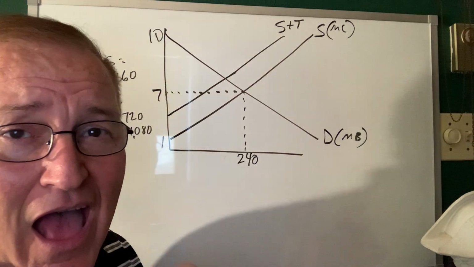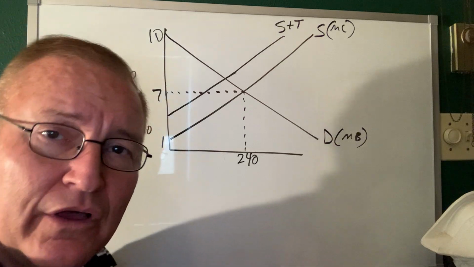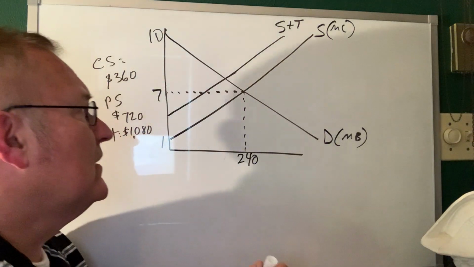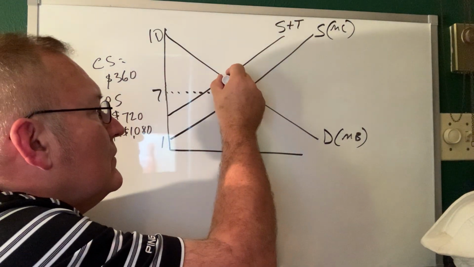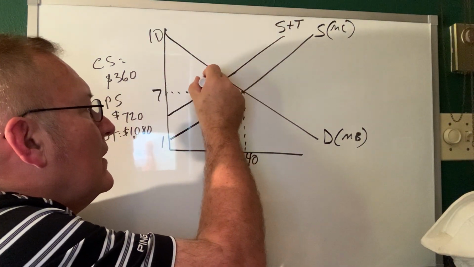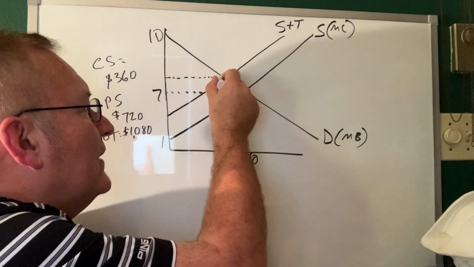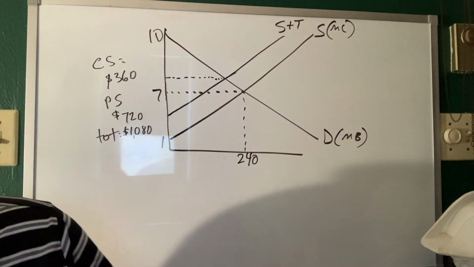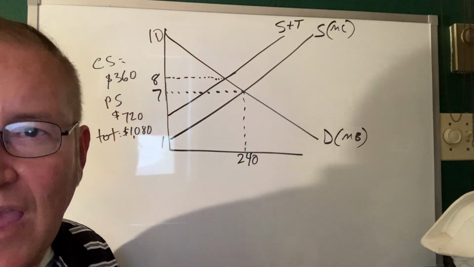Now, what do we do with that? What's the impact to the market? Here's how you assess it. This becomes a new equilibrium point, where these two intersect. What that intersection defines is what the buyer is now paying. In this case, we'll say it's 8.